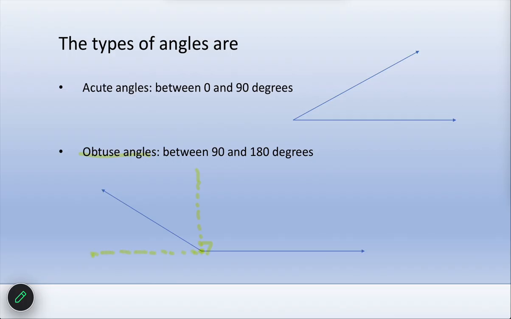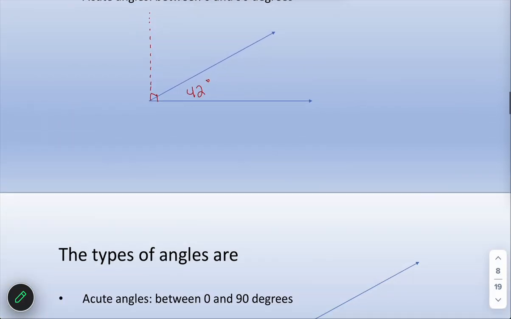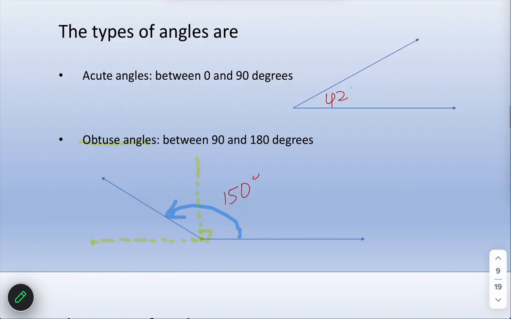Do you notice how this sweep of this angle is in between the 90 and 180 mark? So that might be something like, let's say, 150 degrees, where that other one I marked was 42 degrees. Okay? And those are just guesstimates for the sake of argument, but there you go.